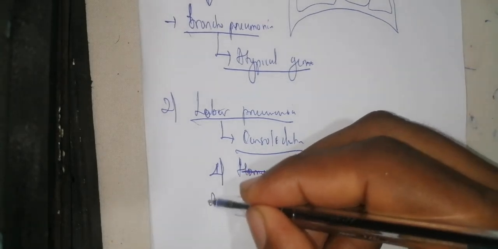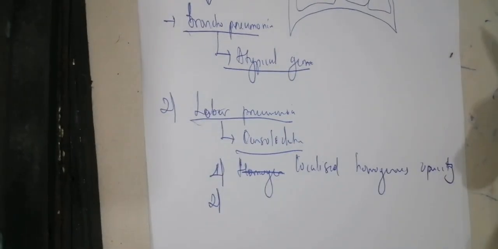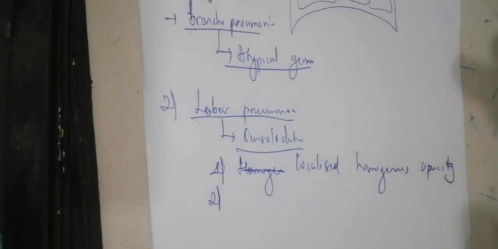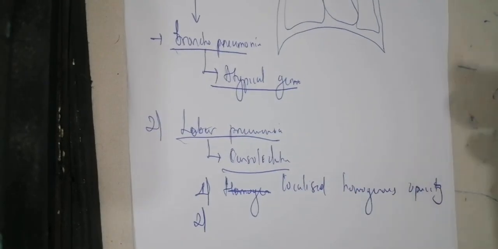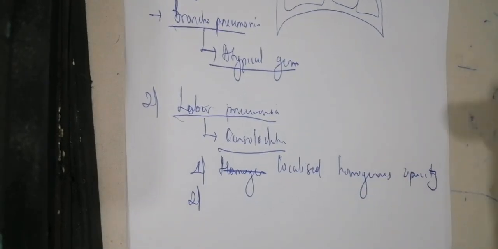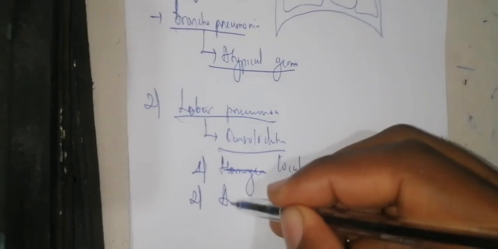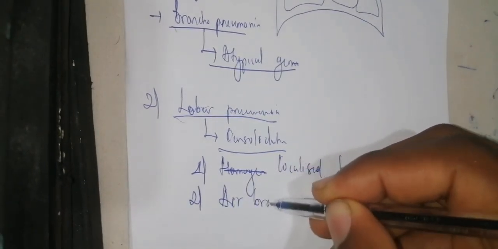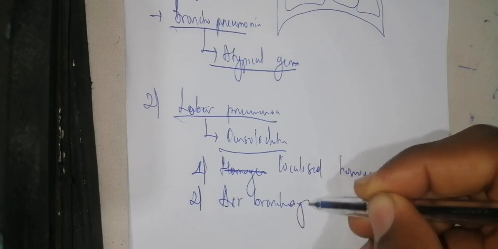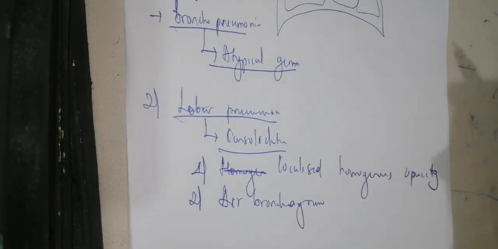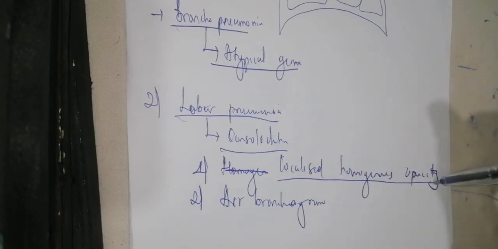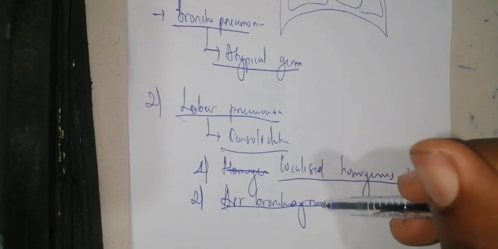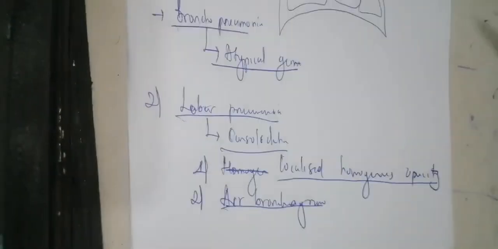After having a localized homogeneous opacity, which is going to be on one region, we have the second element of the consolidation syndrome, which is that you can also have an air bronchogram. But you need to know that when you visualize a localized homogeneous opacity with air bronchogram, the pneumonia is lobar pneumonia.